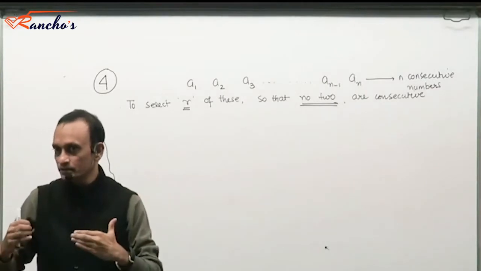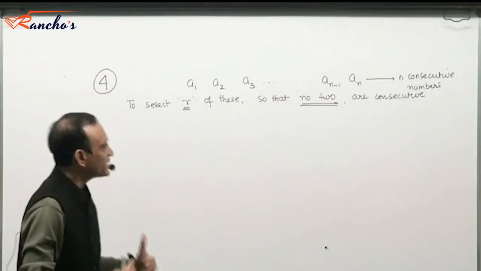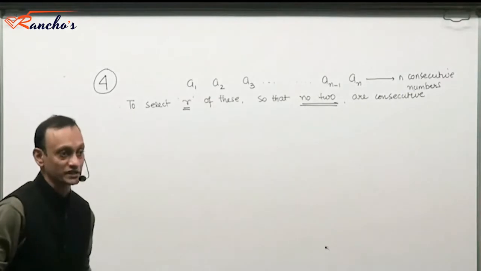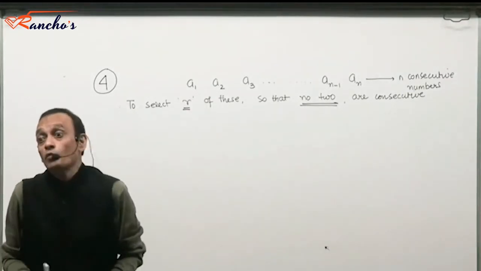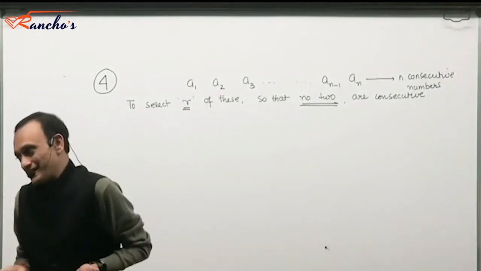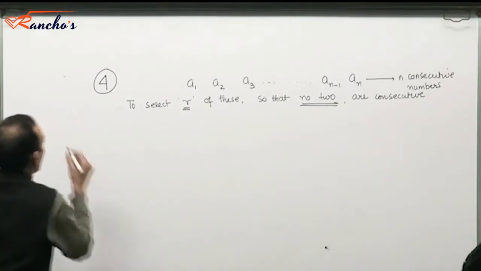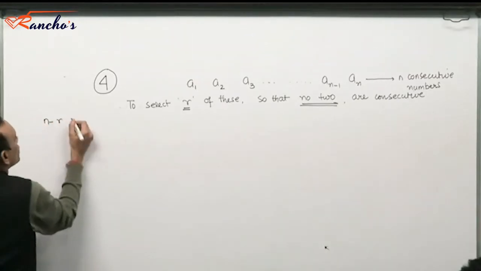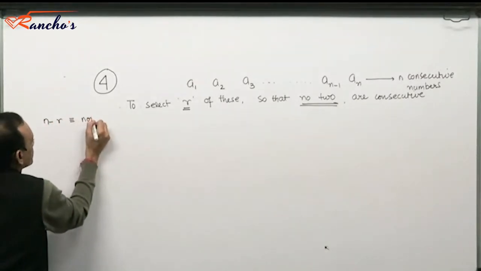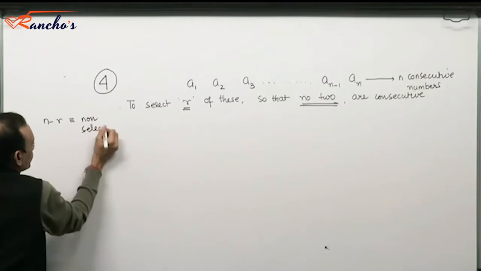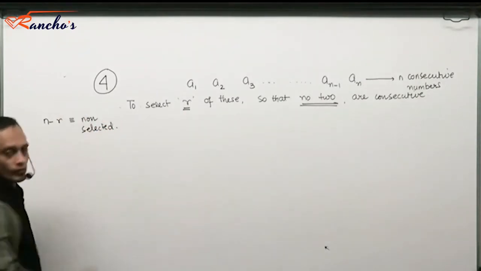Right? What we do is, instead of dealing with what we have selected, let's deal with what we are not selecting. If we are selecting r, how many are we not selecting? n minus r non-selected numbers, right?